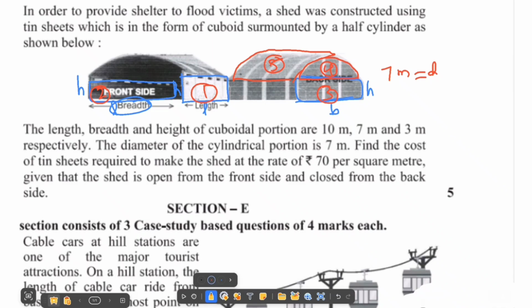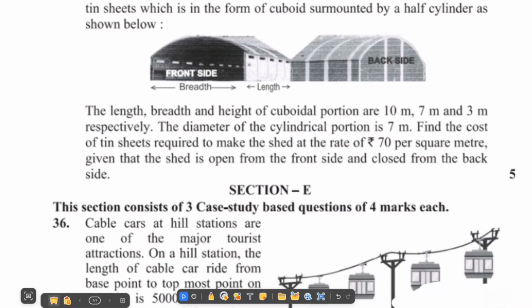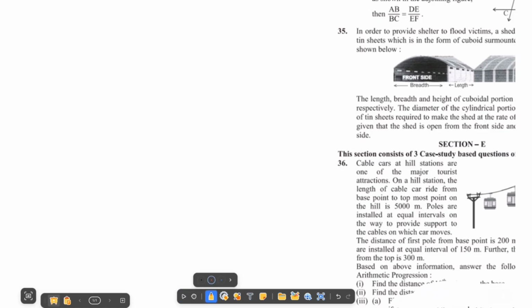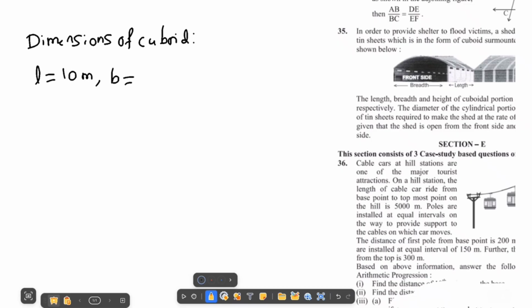So let's find it. What is given: dimensions of the cuboid. L is 10 meters, breadth is 7 meters, and height is 3 meters.